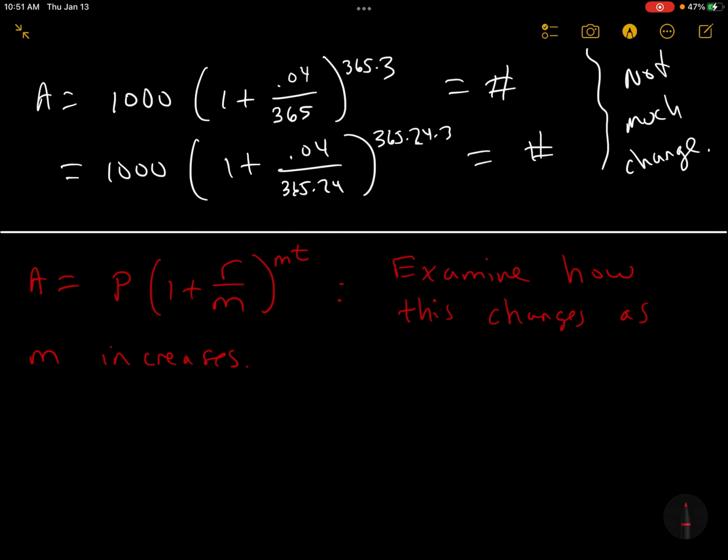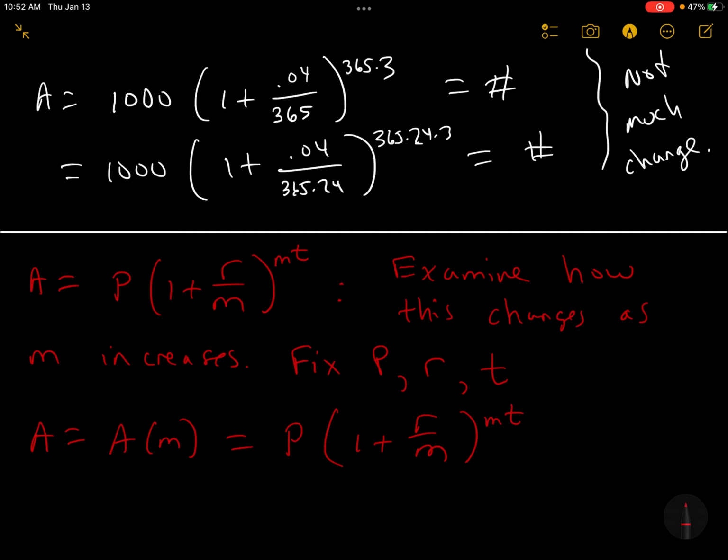So in that case, let's fix P, some set amount put in there, so it's a number. Fix r, that's just given, it's an interest rate, that doesn't change. And let's fix the number of years, t, it could be 1 or 5, or just fix it. So what happens is, A, this accumulated amount becomes a function of m only. Everything else, even though they're letters, are fixed. So the only thing varying is m.